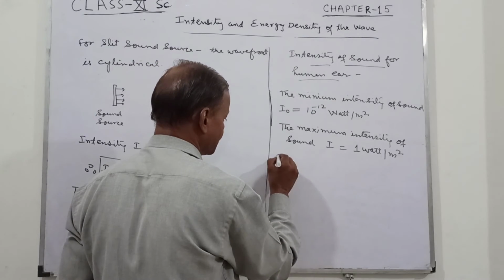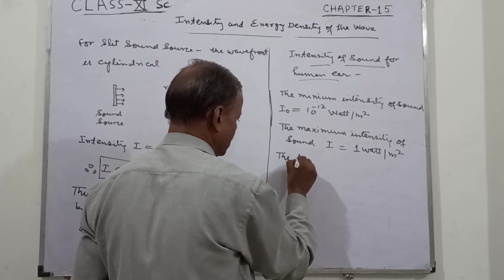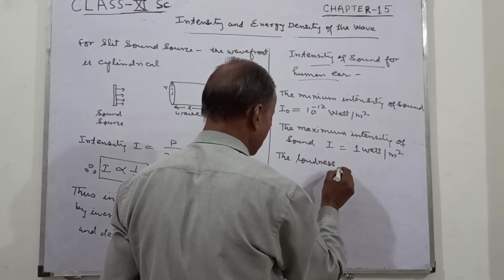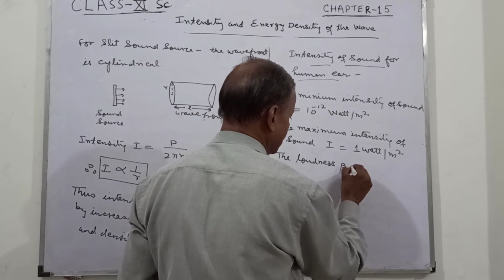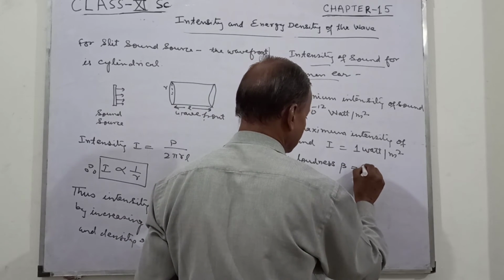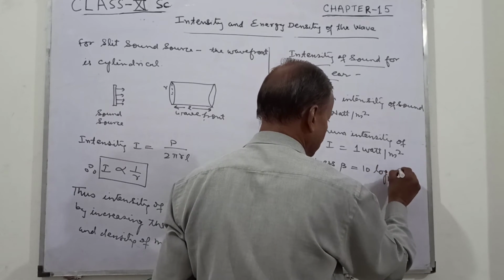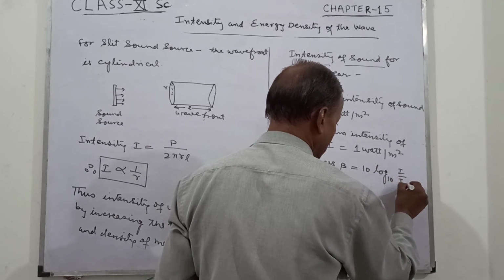So the loudness beta is equal to 10 log 10 of I upon I naught.